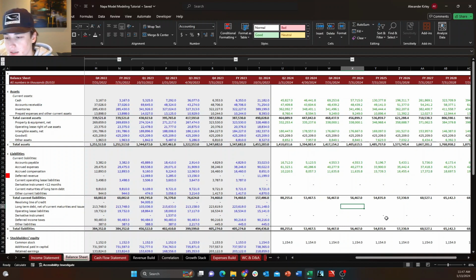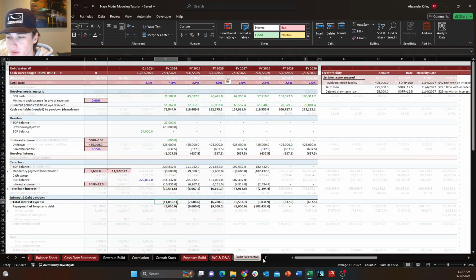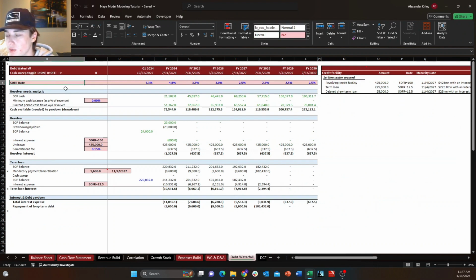So the whole idea is we need to somehow amend this. So I'm going to alter our debt waterfall a little bit to make it easier, so we don't have to code for circular references with the term loan. I'm going to need what we call a circuit breaker.